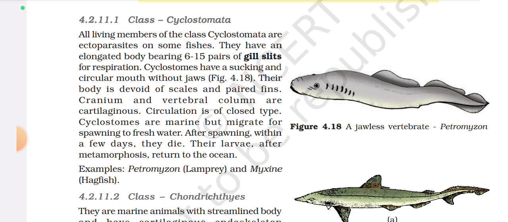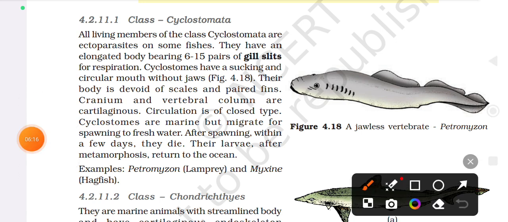Okay, circulation is closed type. And the next important one is what? Here you can see cyclostomes are marine. Okay, but they migrate into fresh water for spawning. Spawning, what is the meaning here?